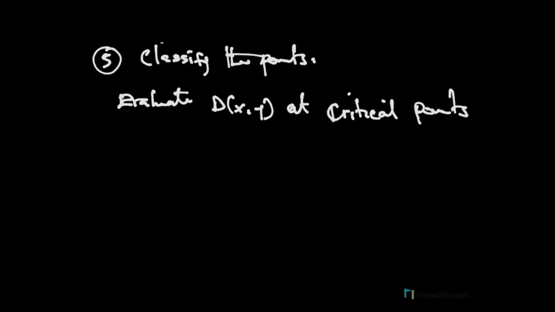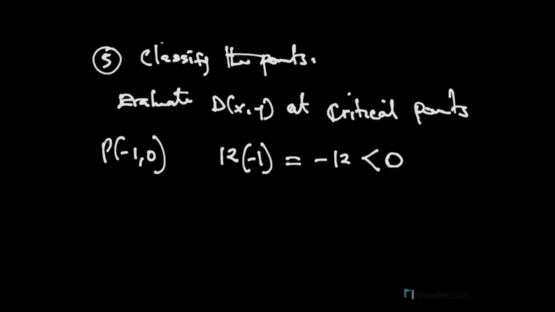So at the critical point negative 1, 0, we have 12 times negative 1, which is negative 12. So that is less than 0. This is saddle. This is where the function, or the surface, changes from curving up to curving down.